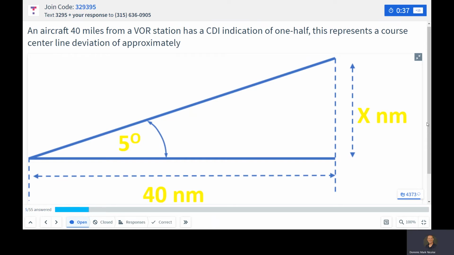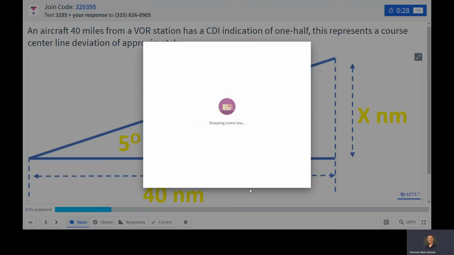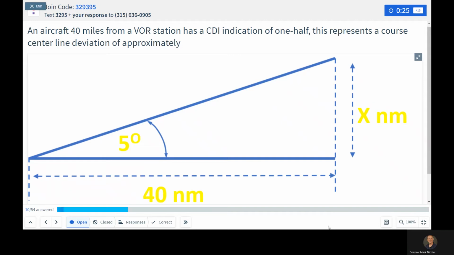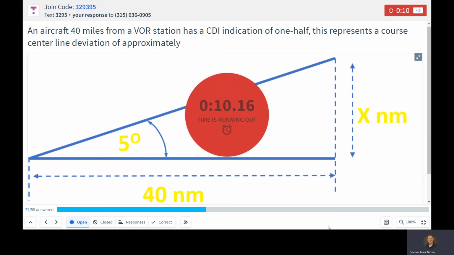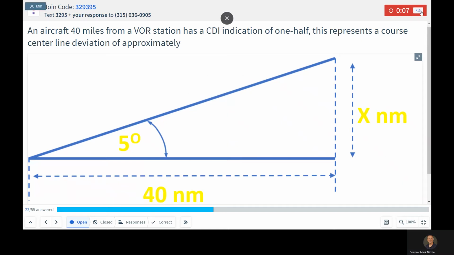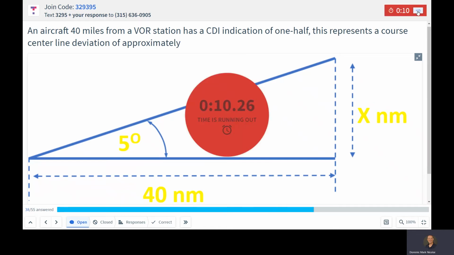This is where solving for the unknown becomes a little bit more important. Well, are we stuck in park today here? Let's give you a few more seconds. X over 40 times 60 equals 5 degrees. That's how we're setting this up.